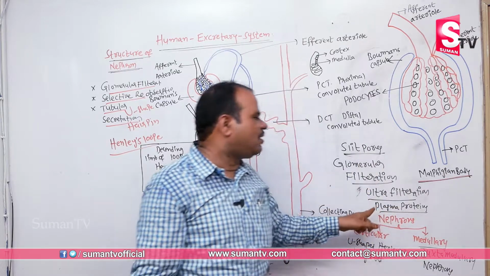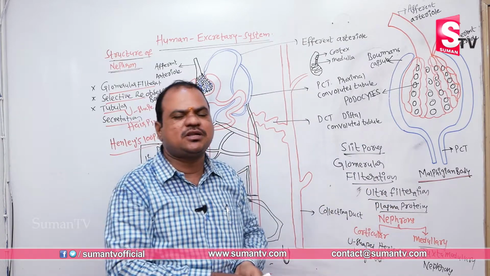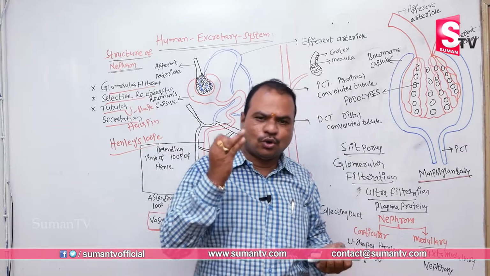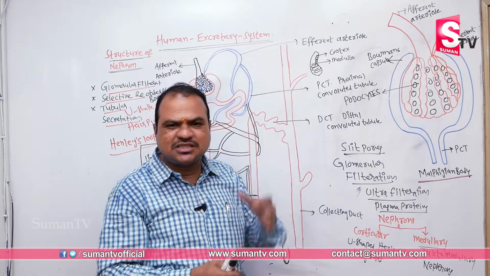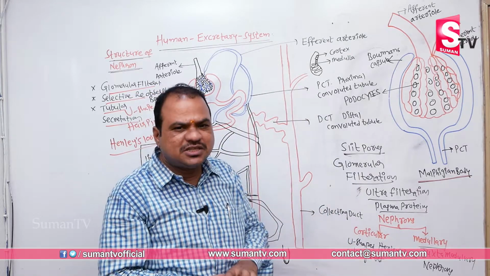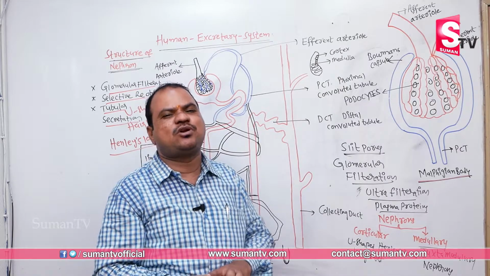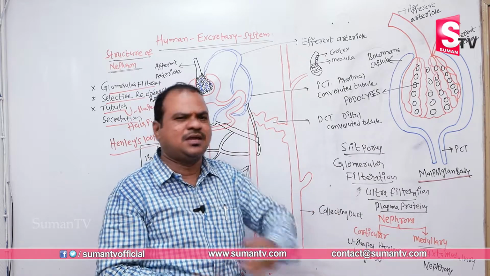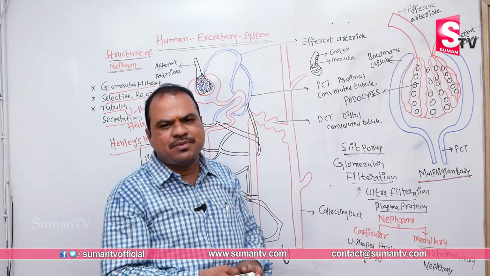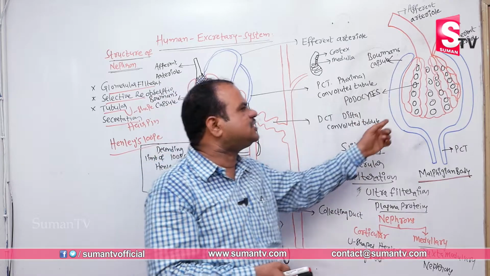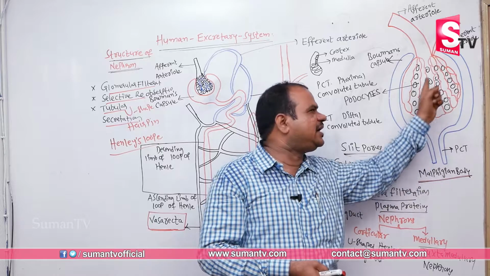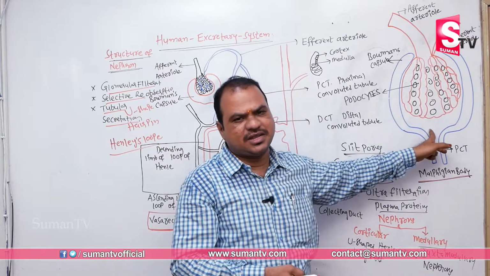Except plasma proteins. What are the plasma proteins? Normally we know albumins, globulins, fibrinogen. These are the common plasma proteins. Except plasma proteins, all the remaining permeable and impermeable components undergo filtration in the glomerular region.